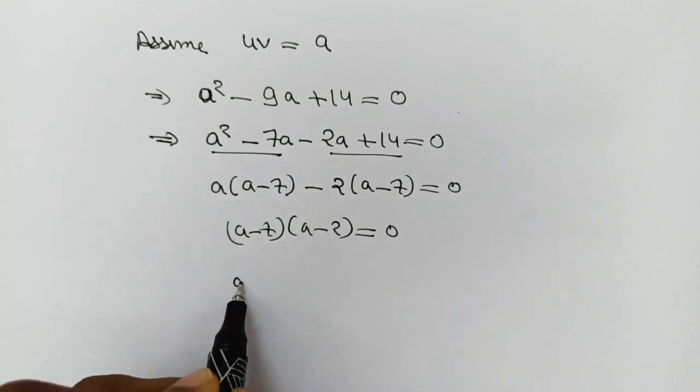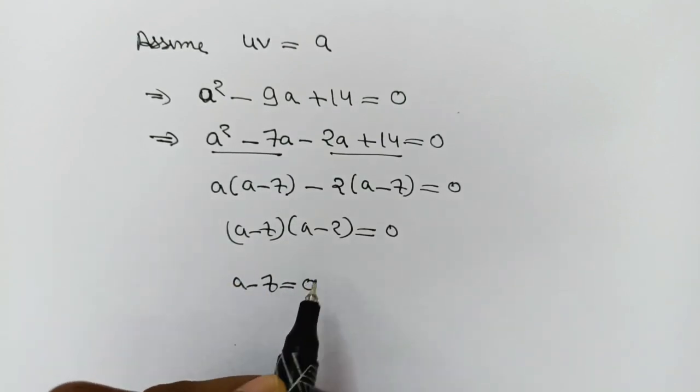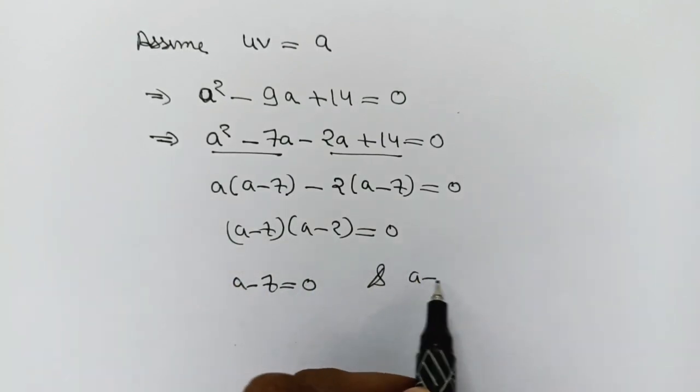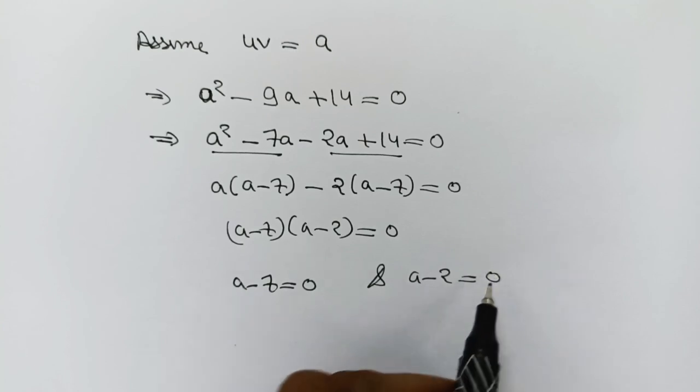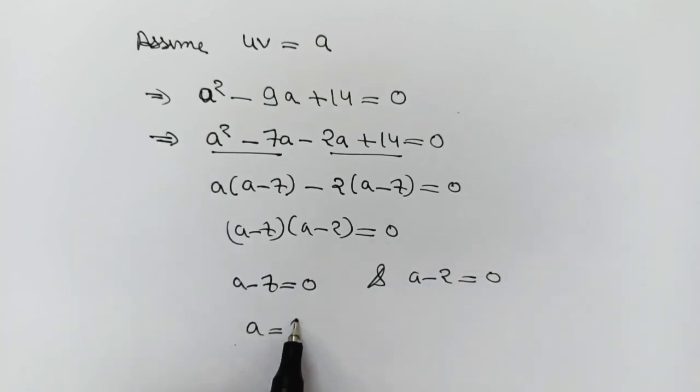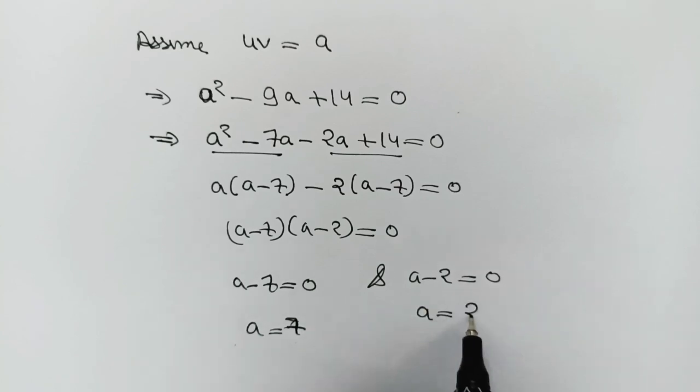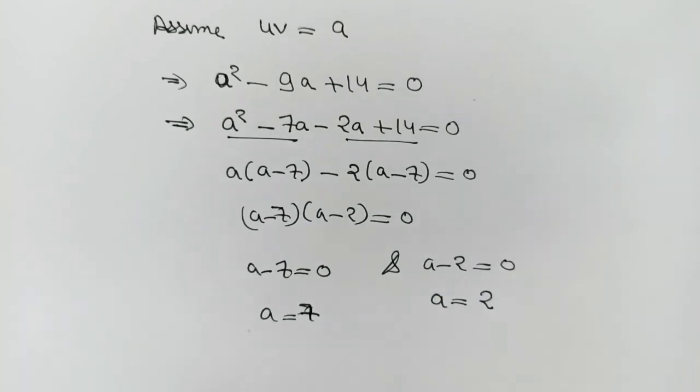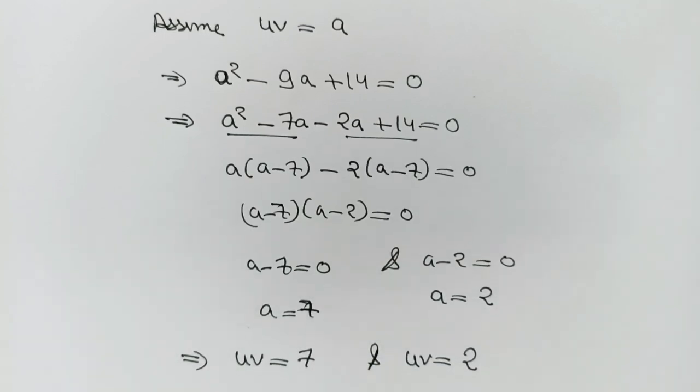That means a minus 7 is equal to 0 and a minus 2 is equal to 0. From here we have a equals 7, and from here we have a equals 2. But a is nothing but uv, that means uv is equal to 7 and uv is equal to 2.